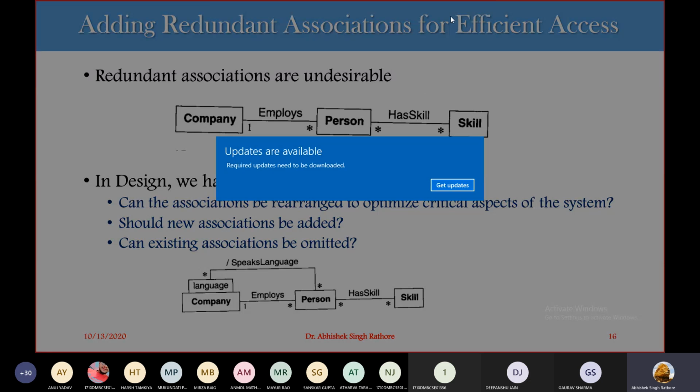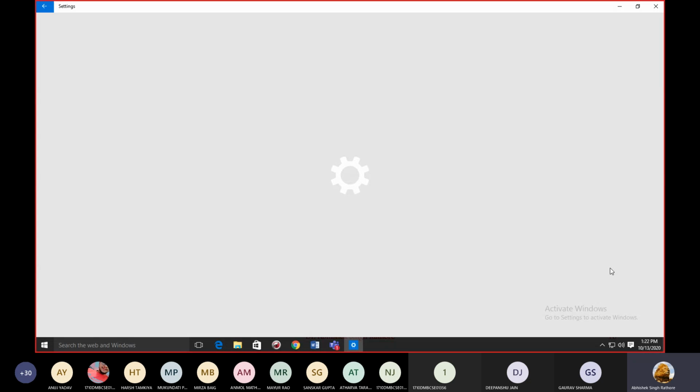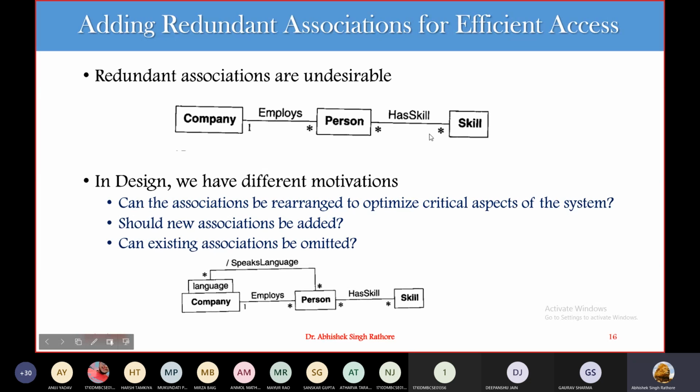So again consider this example: we can have a hash function, or we can have some indexes.